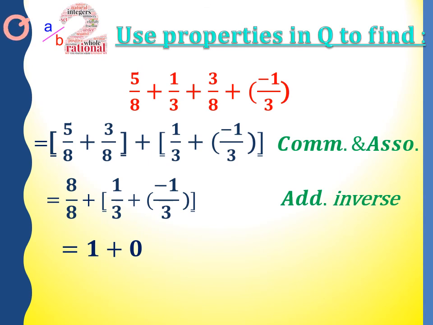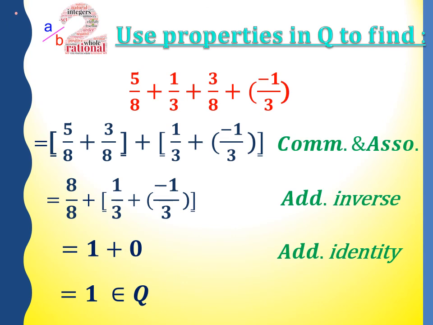Now I get another property: 1 plus 0 is the additive identity property, so the answer will be 1, and 1 is an element of rational numbers, so it's the closure property.